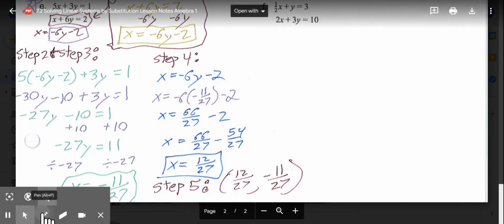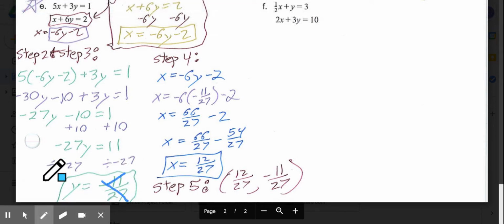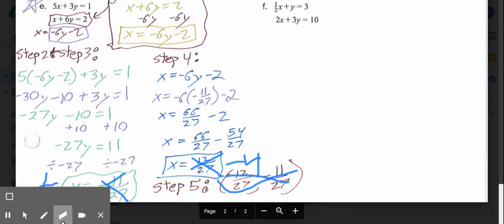So right here, that should have been a plus 10 instead of a minus 10, which changed my answer here. Instead of a negative 11/27, that should be 1/3. And on this one then, instead of 12/27, that should be a negative 4. So our final answer again would be negative 4, 1/3.